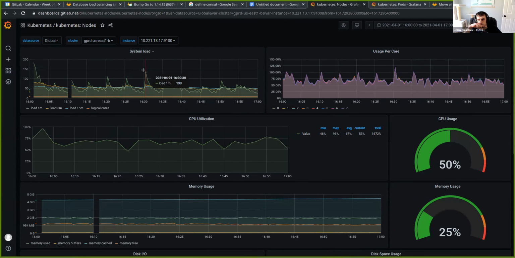And here's the 1630 spike on the system load. And then over here, the 1630:30 on the CPU average. So 1630:30, 1635:30. And we see these sawteeth happening, and they almost correspond to the per core usage.